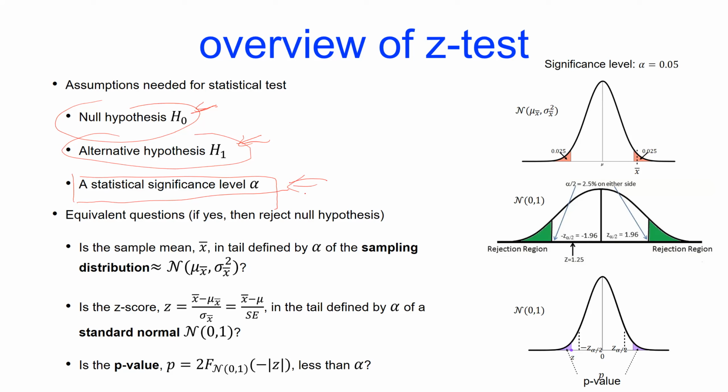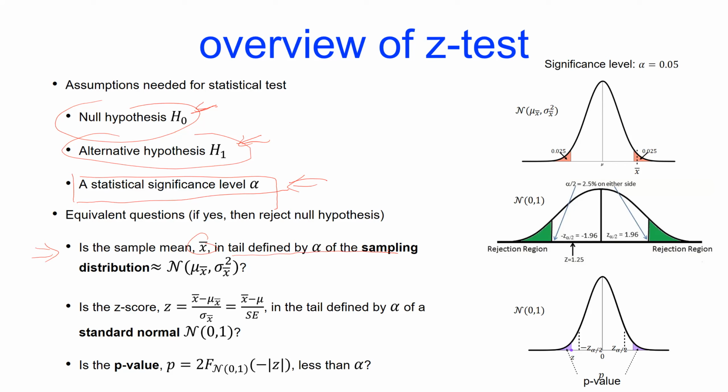And then essentially we are asking one of these questions. First, I think this is where we stopped at the last class. Is a sample mean X bar in the tail defined by the alpha of the sample distribution?